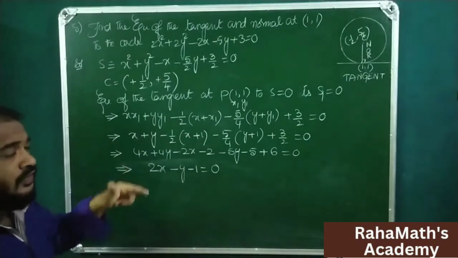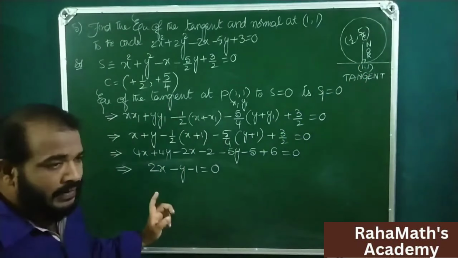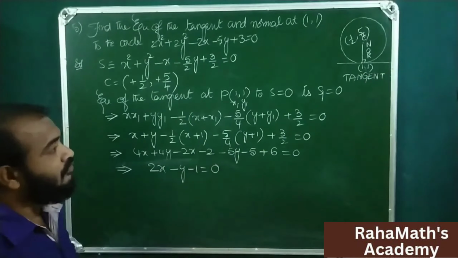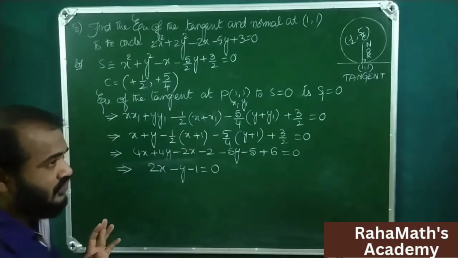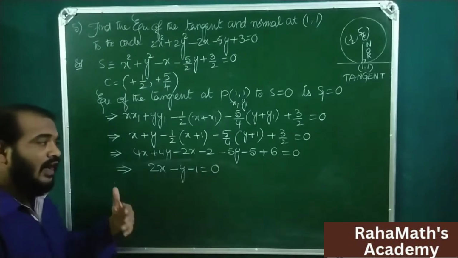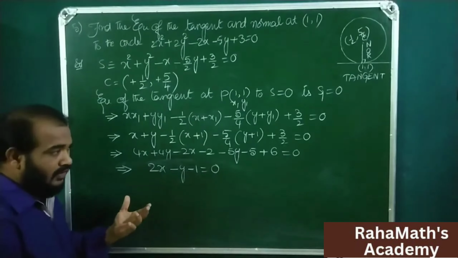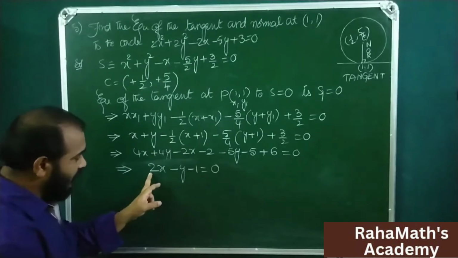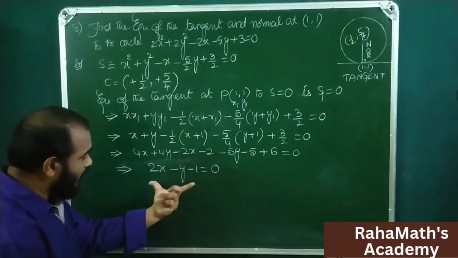And what is the equation of the normal at (x1, y1)? (x minus x1) into (y1 plus f) minus (y minus y1) into (x1 plus g) equals 0. Instead of using it, we have got a direct method. What is that? Last year we have learned. If this is the line, what is the line perpendicular to this?